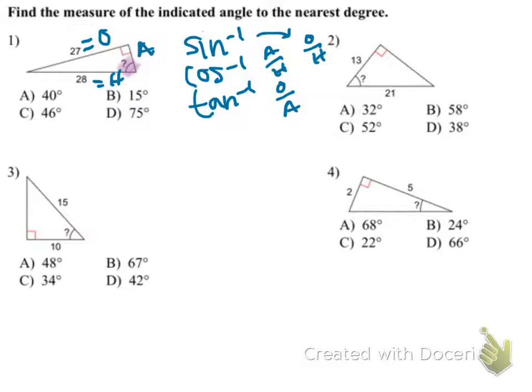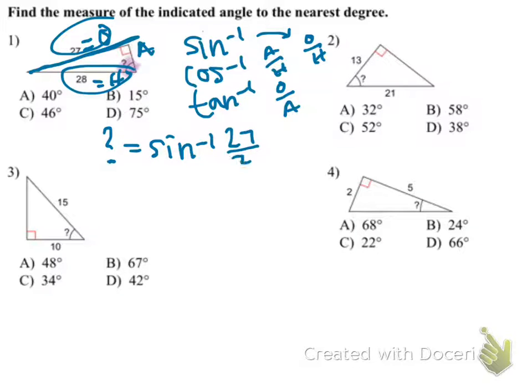Well, this one I have 27 and I have 28, and that's my opposite side and my hypotenuse. So I'm just going to replace this O and this H with those numbers. So I got my question mark equals sine inverse of 27 over 28.